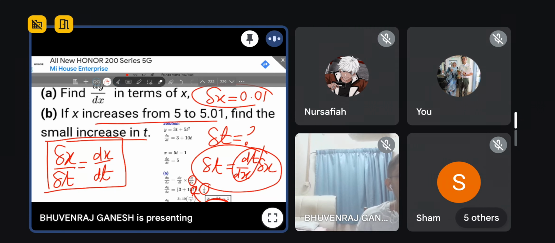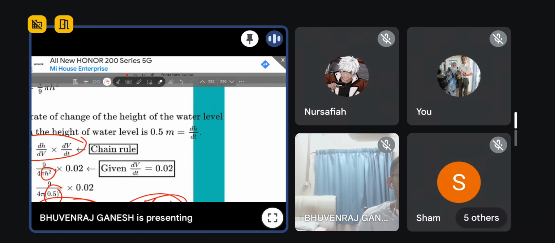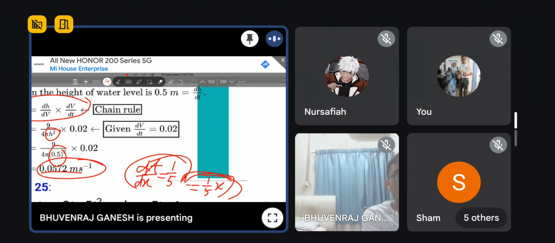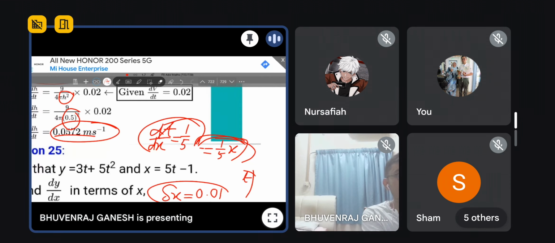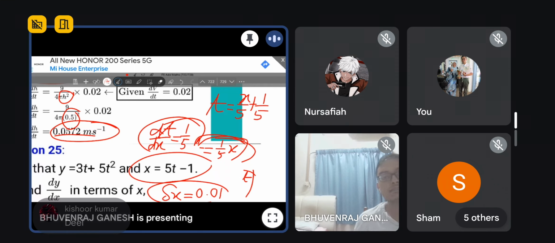Mana nilai dia? Tadi yang kamu dapat. dt dx equal to 1 over 5 from here, from this equation. Kamu bezakan yang ni. Okay? Because t is equal to x over 5 plus 1 over 5, so dt dx equal to 1 over 5 lah.